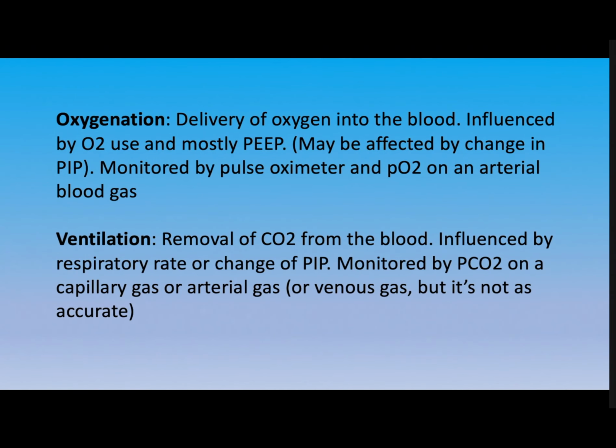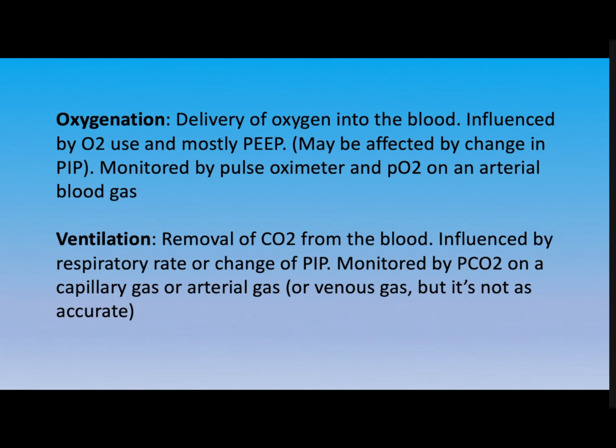Oxygenation is just delivery of oxygen into the blood. We do it by either giving increased oxygen or by increasing our PEEP. And we'll be discussing PEEP in a minute. If we increase our PEEP, we basically are increasing our surface area, the amount of lung we are using, so that will increase our oxygenation.